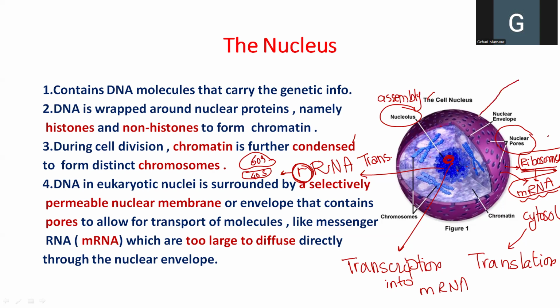These polypeptides, just like any peptides, are synthesized in the cytosol, and we call them ribosomal polypeptides. So just like the nuclear pores allow the fully made ribosomes and the messenger RNA to leave the nucleus, they also allow the ribosomal polypeptides that have been synthesized outside the nucleus in the cytosol, inside other ribosomes, to go back to the nucleus and be assembled with ribosomal RNA to form a ribosome.